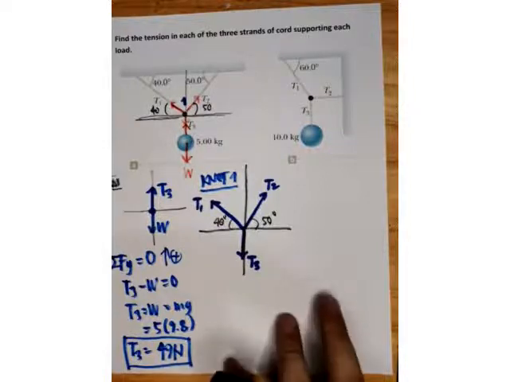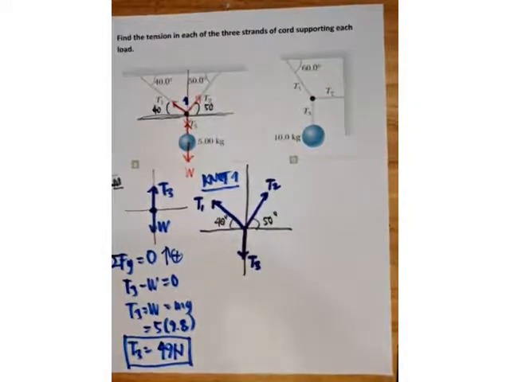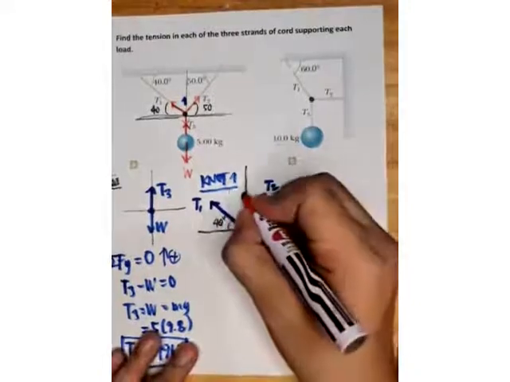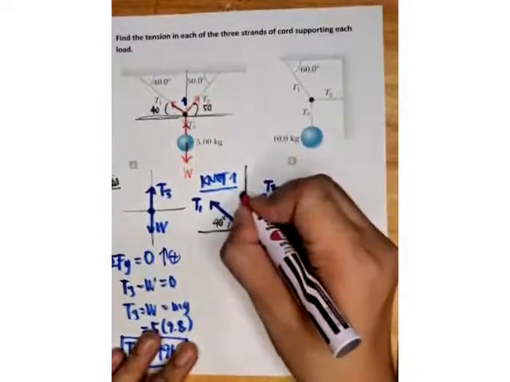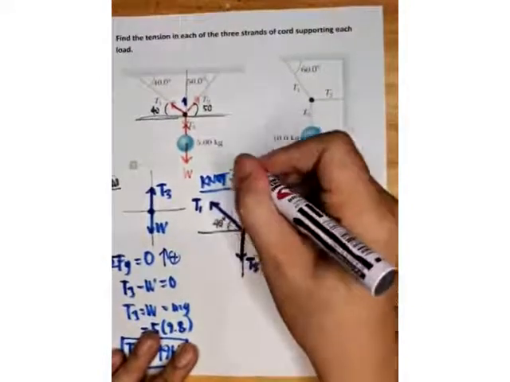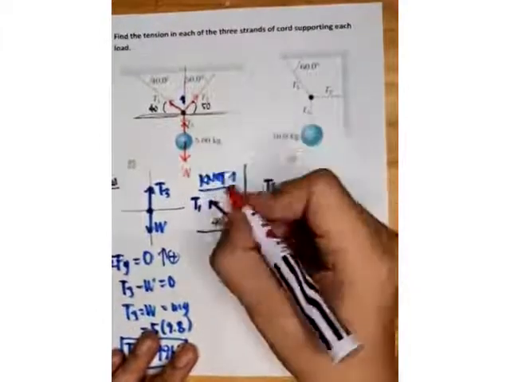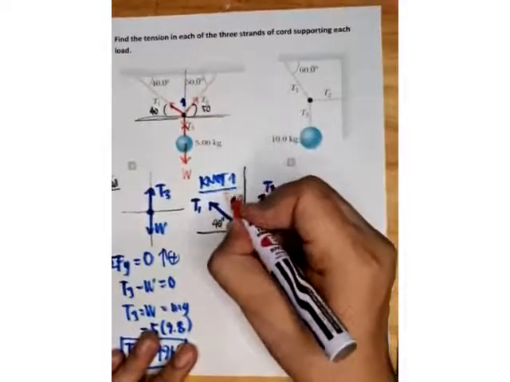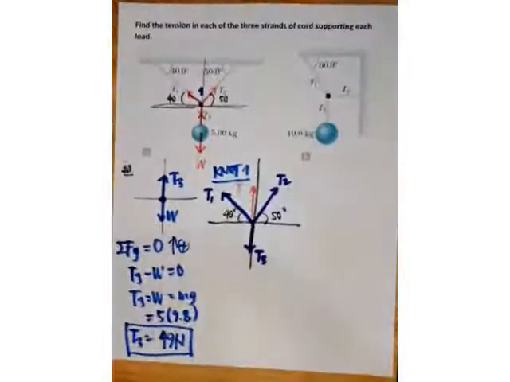Ayan. Okay? And then, ang gagawin natin, kailangan natin yung component ng bawat yung dalawa. So, yung component nila ay ito. So, yung T1Y, ay isusulat.